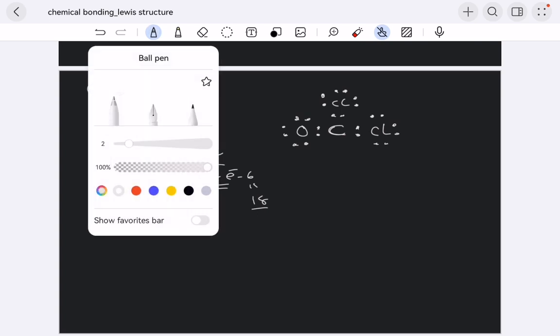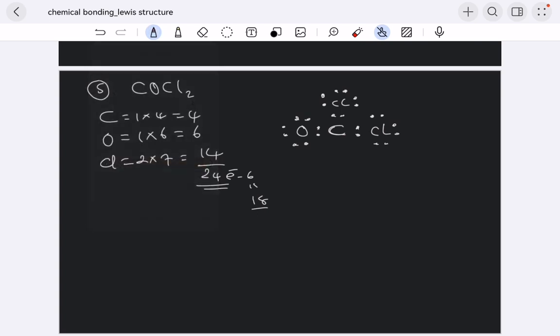So in this case now, it becomes more interesting. Here you realize that this has got 8 electrons, 8 electrons, 8 electrons, satisfying the octet. But the carbon in the middle has got 6 electrons. So this is quite unstable for this particular carbon.